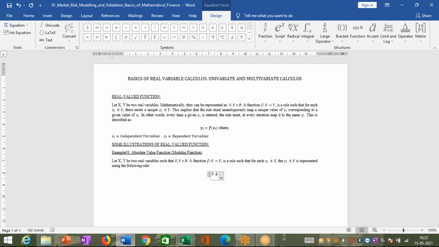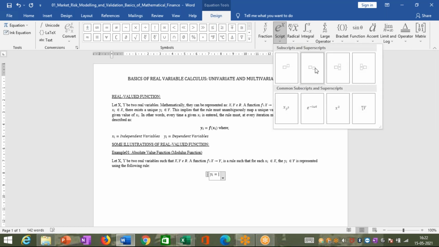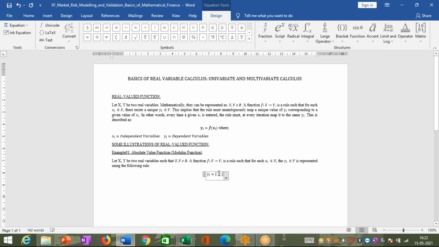I'll write it like this. So yi is equal to the mod of xi.